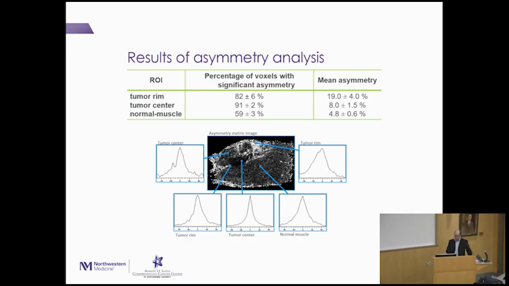And you see how it's got contrast in the tumor. There's a dark spot where there's low signal, and then the muscle is more or less uniform. This kind of speckled appearance on the edges is artifacts from the edge. And again, I had on the outline that I try to focus on how we can make this quantitative. So you can see here the rim of the tumor has different asymmetry than normal muscle.